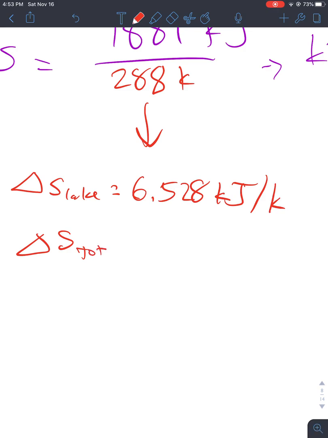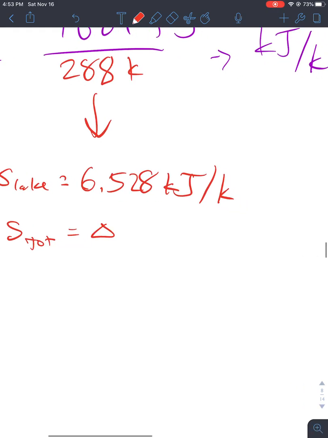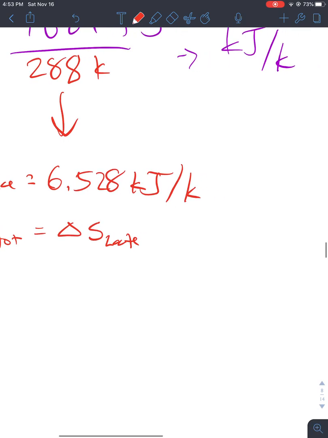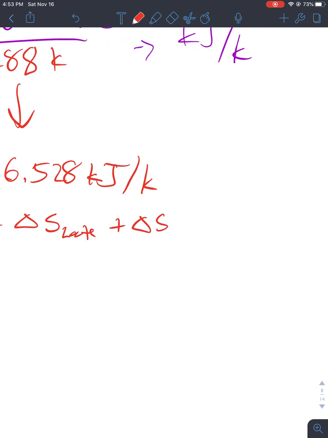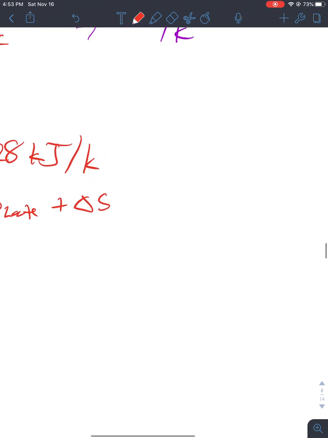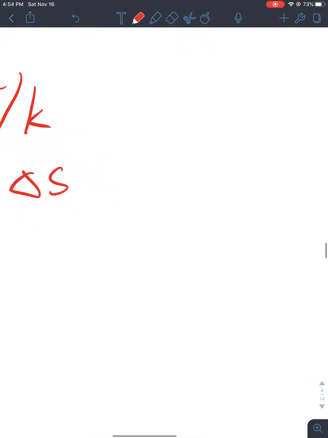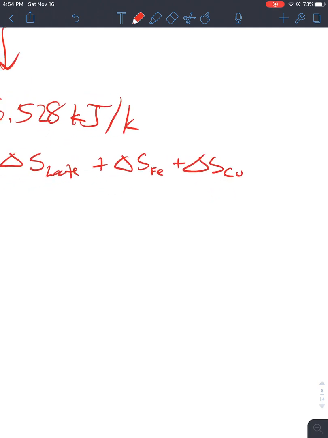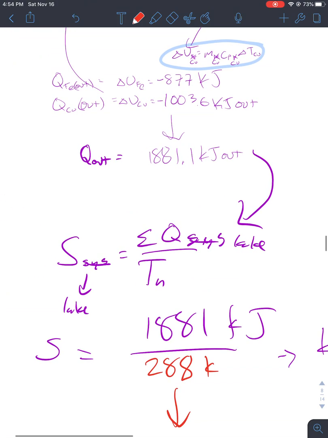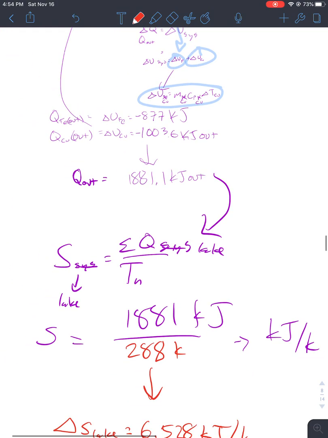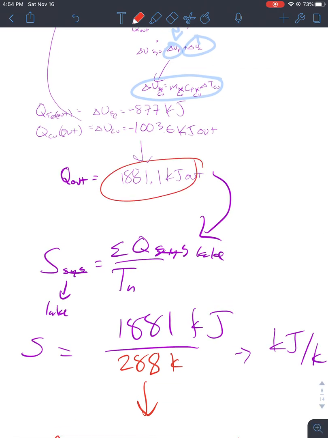So the total entropy change equals the change in entropy of the lake, plus the change in entropy of the iron, plus the change in entropy of the copper, which is, I think it's this.